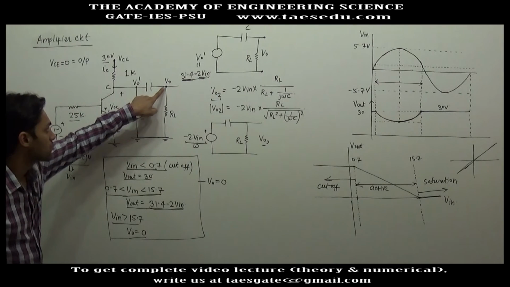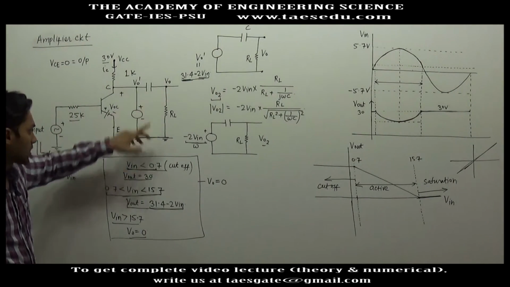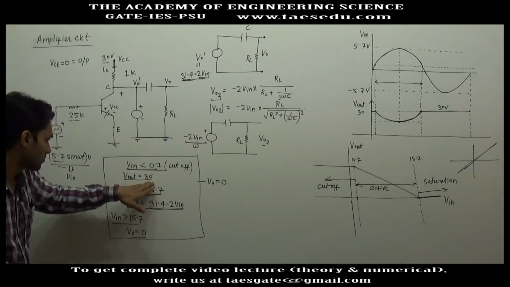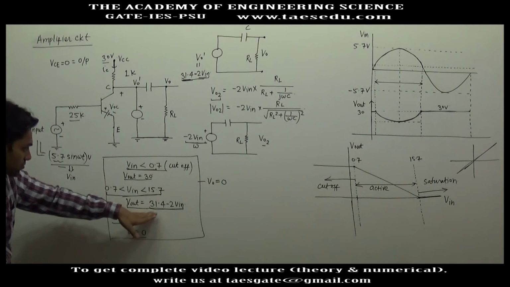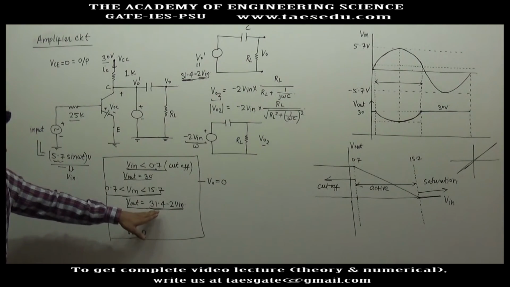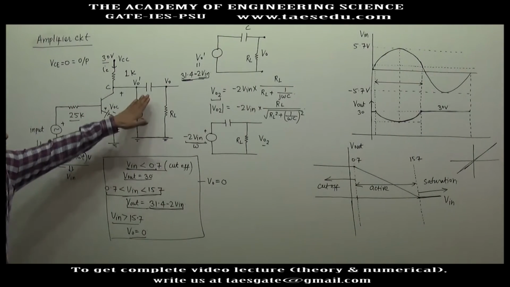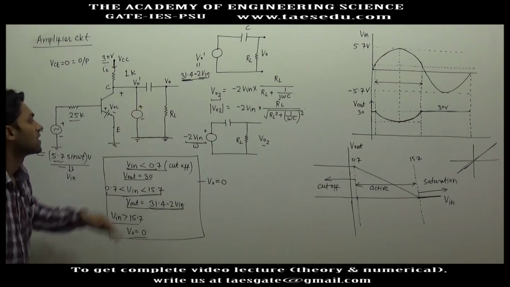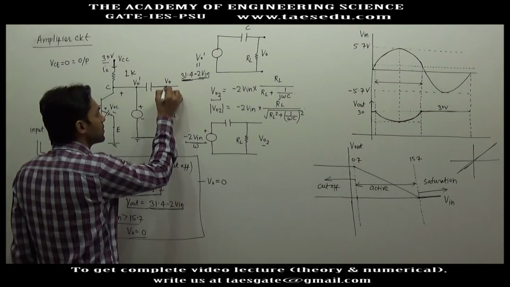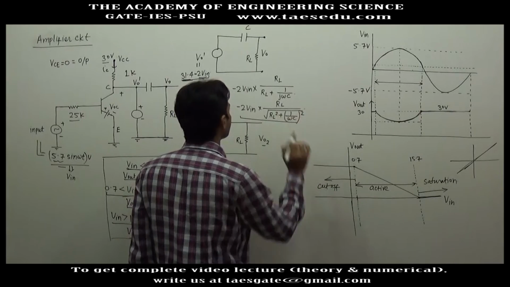But if you are taking output at this point, the capacitor will block all the DC part. The capacitor has blocked this constant voltage. It has also blocked this constant voltage with the help of superposition. We observed that the capacitor will block this voltage. So the capacitor will block all the DC part and it will pass only the AC part, because in case of AC we are getting some output voltage.